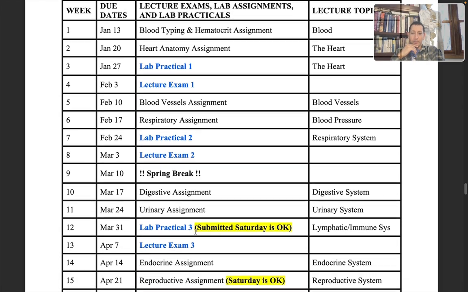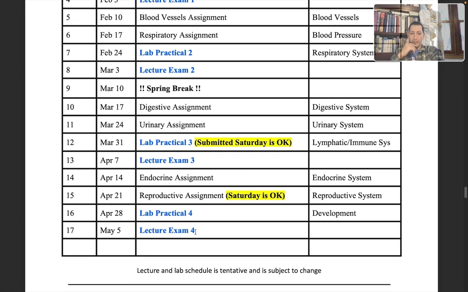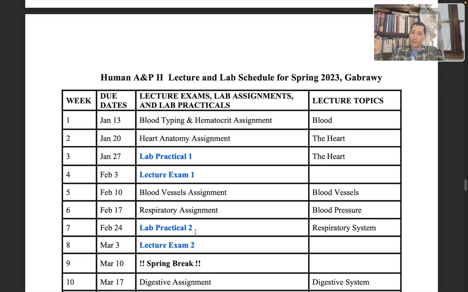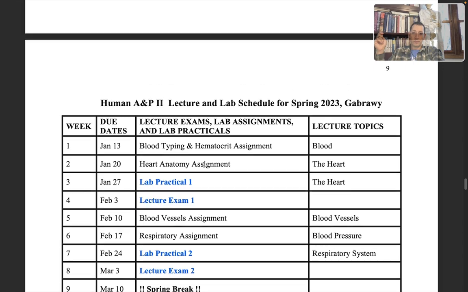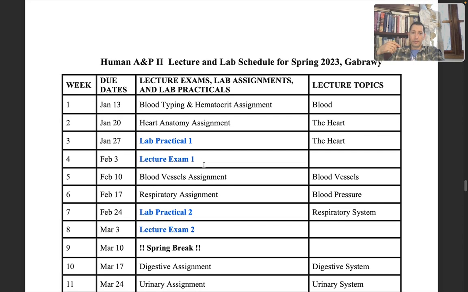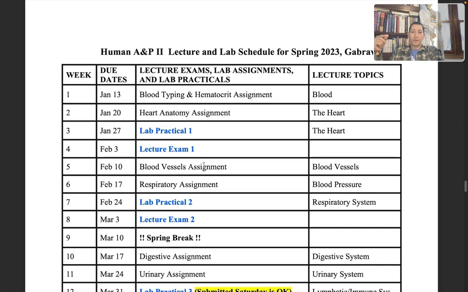Assignment, practical, exam. Assignment, practical, exam. If this is a different semester for you, it's still going to work the same way, just different dates. So obviously make sure you download the print this off from the syllabus.